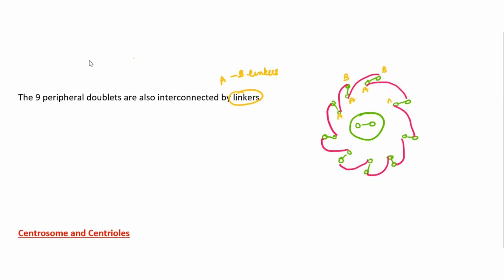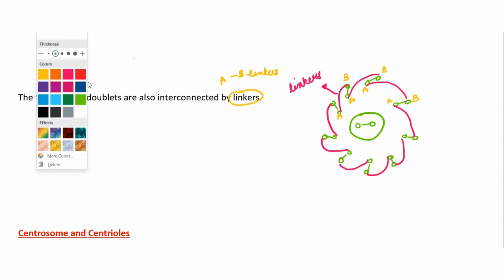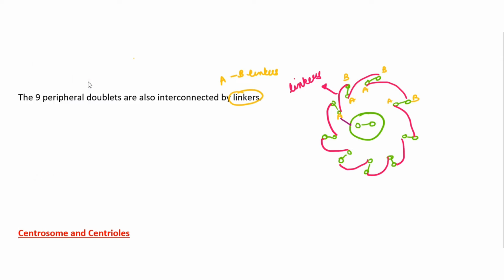The peripheral doublets are nothing but made of microtubules. From the central hub there is a radial spoke emerging, connecting the central hub to the A microtubule. This structure connecting the central hub to the A microtubule is known as the radial spoke.